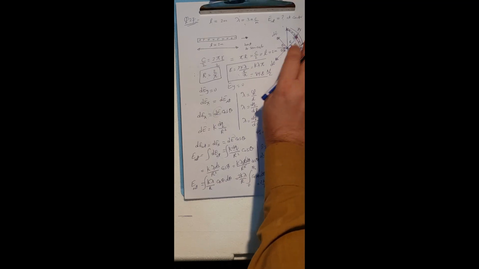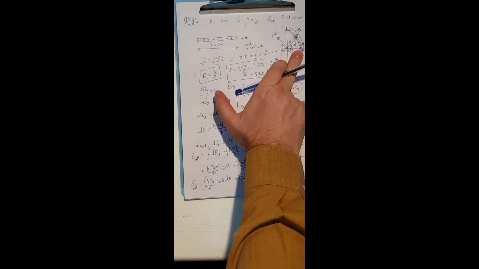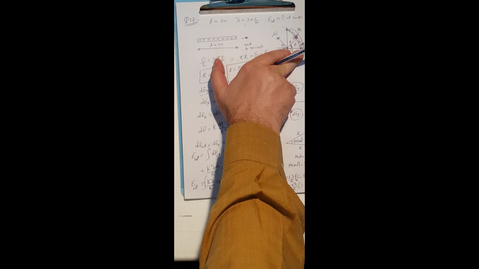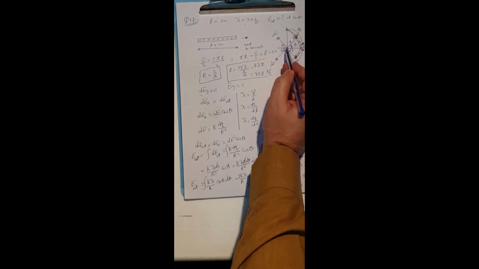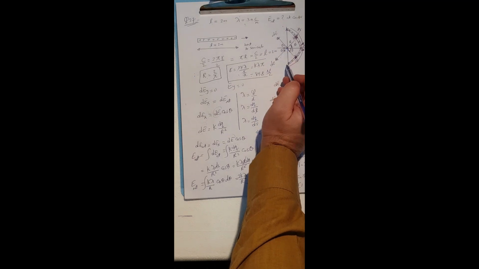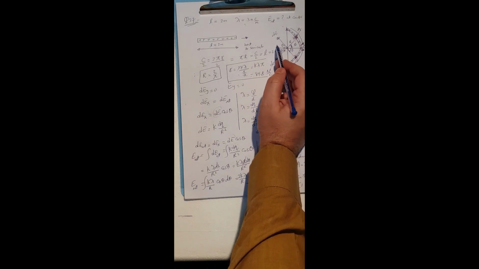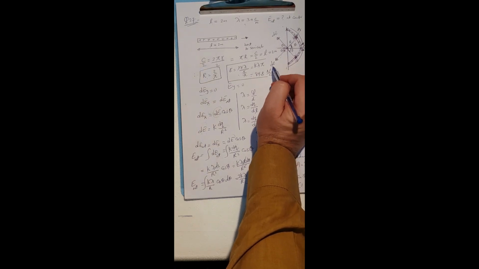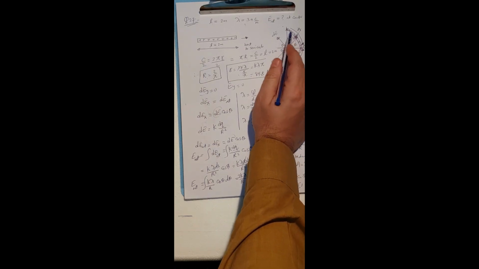If it's a quarter of circle, there is no symmetry. So when it's a quarter, you'll have two components, EX and EY, and you have to calculate EX and EY, then you find E total. So be careful when you don't have symmetry.